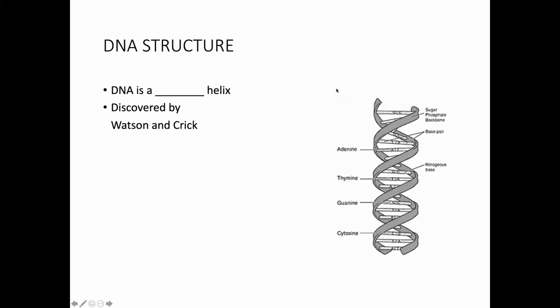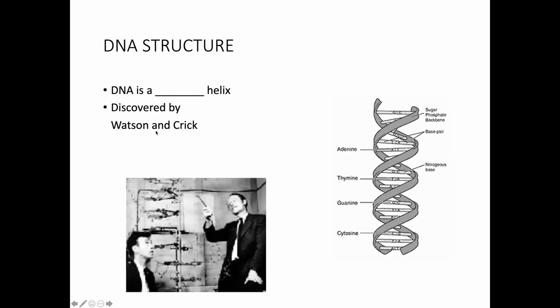So usually we call it double helix because they are double strand, and then it's in this form. It's in a helix structure. It was first discovered by Watson and Crick. So here shows a picture of Watson and Crick.